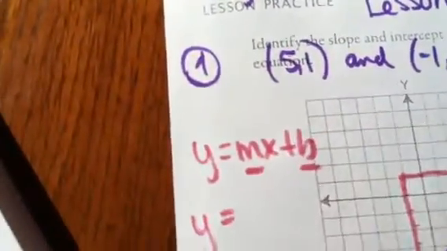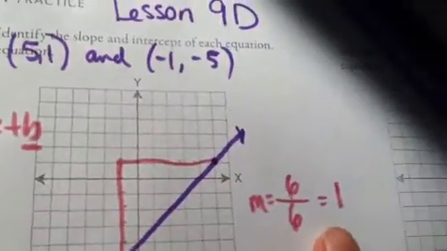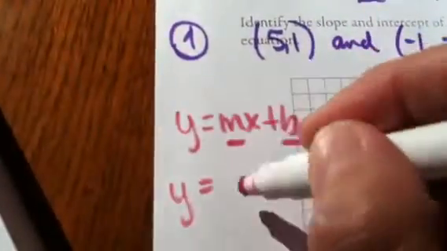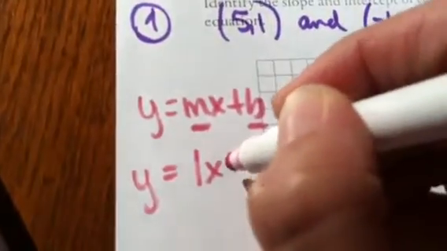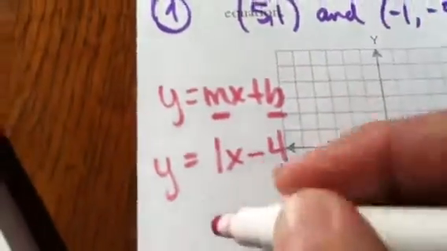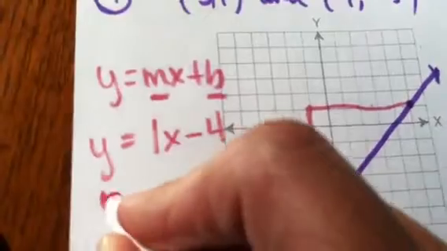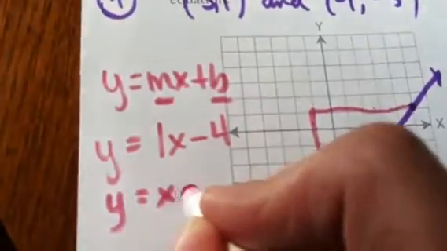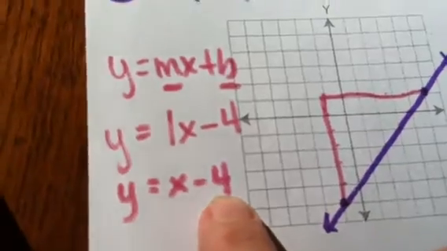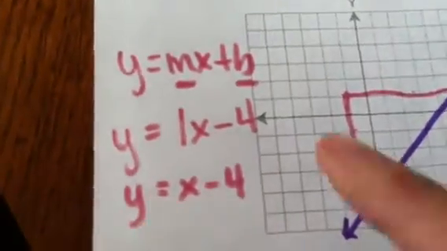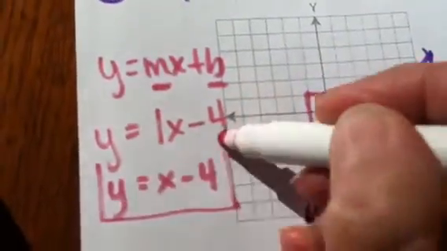Your slope is 1, so where there's an m, we're going to put a 1. Don't forget to write your x. And your y-intercept was a -4. So you could write this. I'm trying to look through my phone while doing this, so it might look sloppy, but that should be your equation of the line using slope-intercept form. So that's part of your answer.